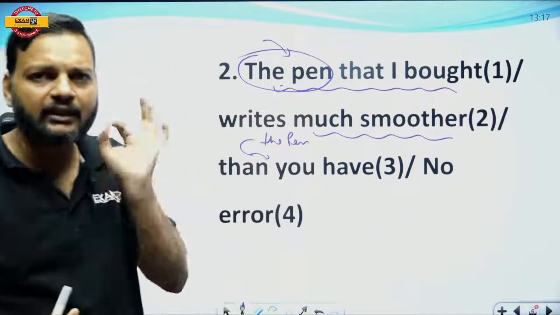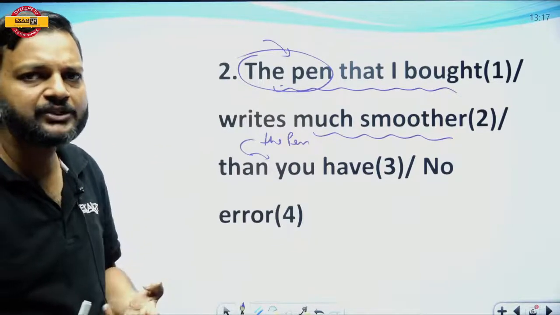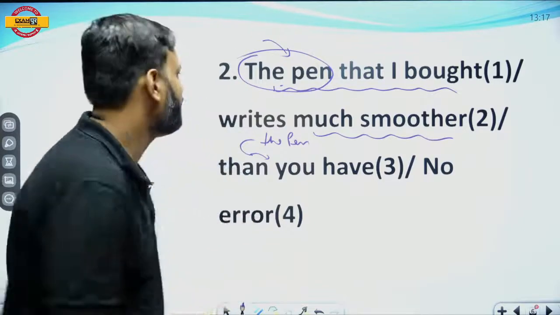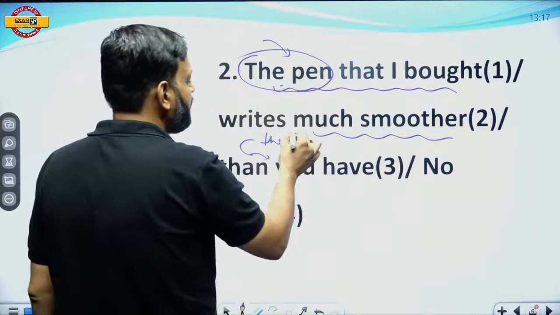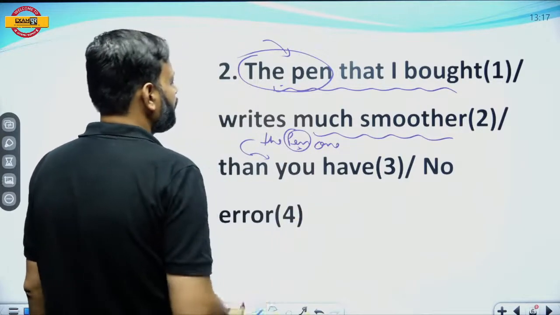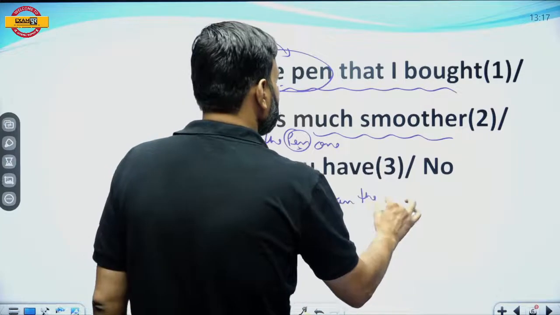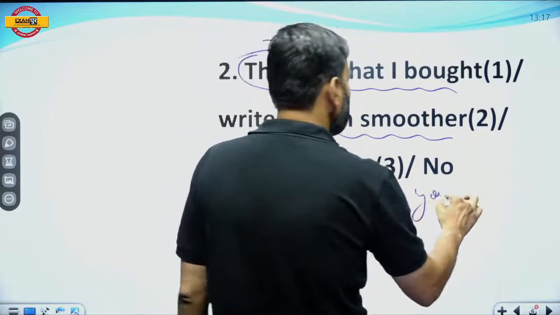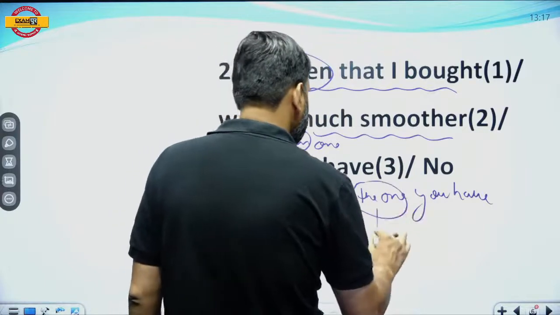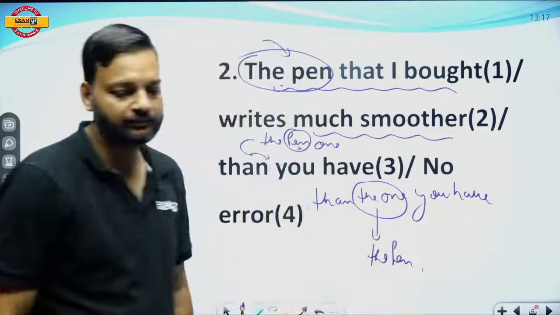But still there is one modification, and the modification is that a noun does not repeat in a sentence. So here pen has been repeated, so in place of pen we have to write one, right? So the sentence would be: the pen that I bought writes much smoother than the one you have, and here the one means the pen. Hope you got the answer.